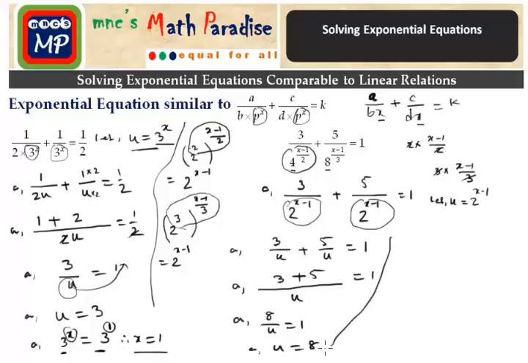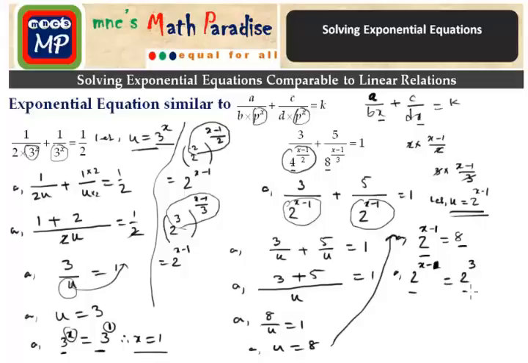So now we got u equals 8, and we assumed that u equals 2 to the power x minus 1. Therefore 2 to the power x minus 1 will be 8, and here the base is 2, so we need to convert this 8 into base 2. 2 to the power x minus 1 equals 8, and 8 means 2 to the power 3.